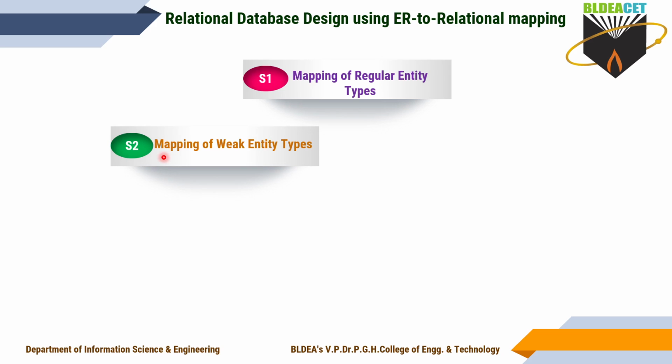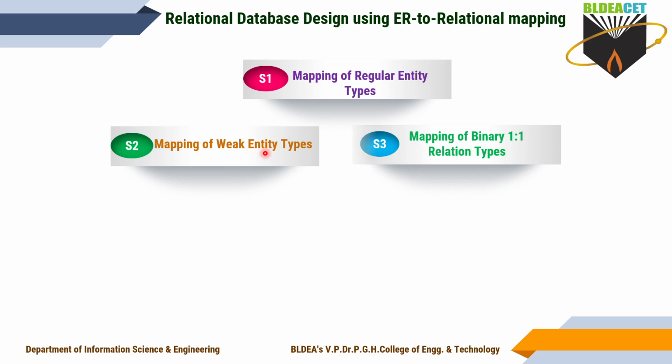Next is step 2, mapping of weak entity types. In the conceptual data model you use one more term, weak entity types. If an entity type does not have its own key, we call it a weak entity type, and how we can map this weak entity type into a relational data model is step 2 here.